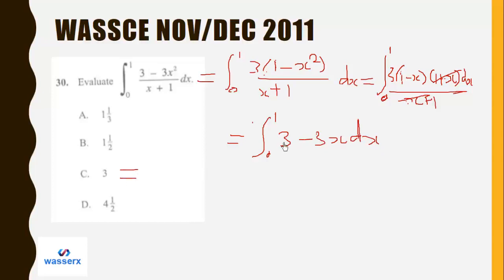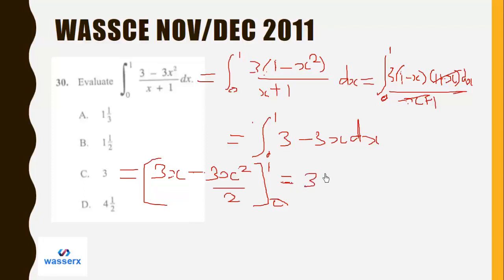Now the next thing we do is to integrate. So if you integrate 3, we get 3x, and if you integrate minus 3x, we get minus 3x squared over 2, from 0 to 1. Now we apply the limits, so we are going to get 3 into 1 minus 3 over 2 into 1 squared, then minus, we substitute 0 over here, so we get 3 into 0 minus 3 over 2 into 0 squared.